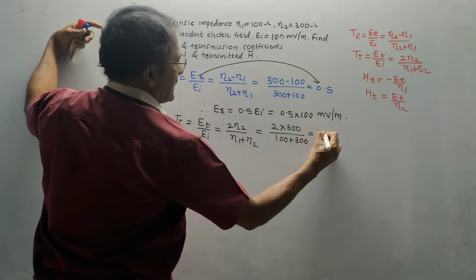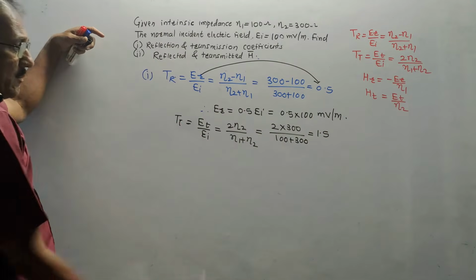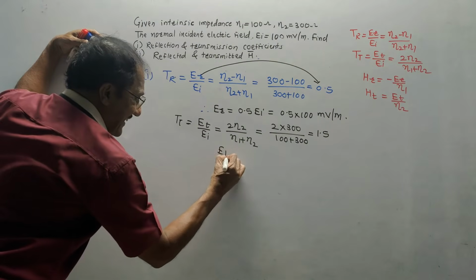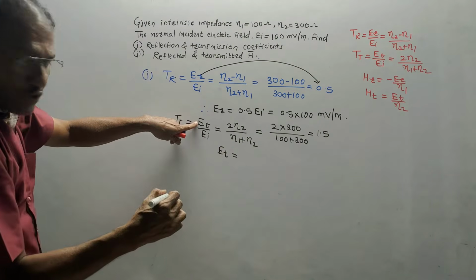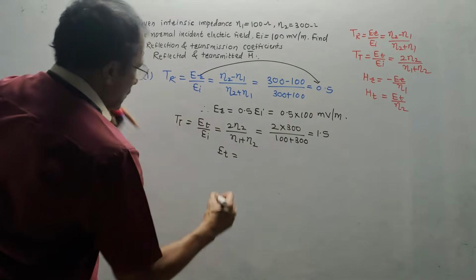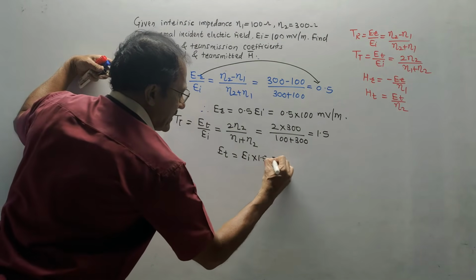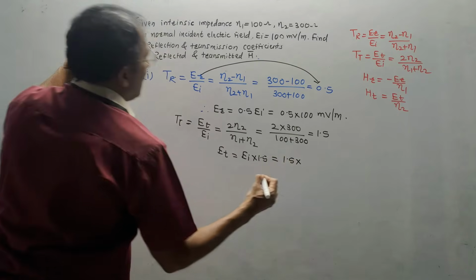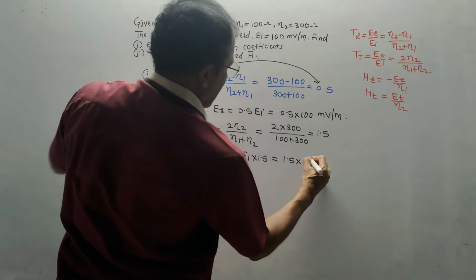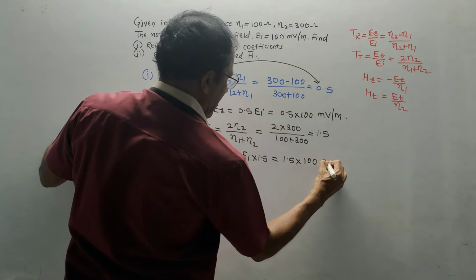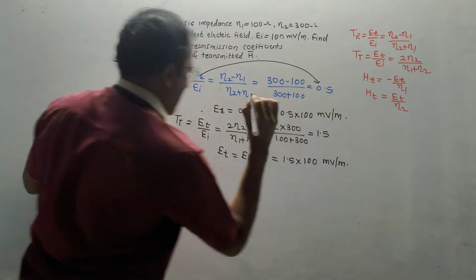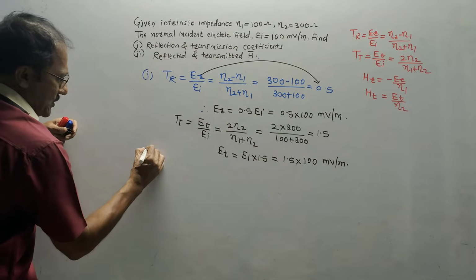So this answer is 1.5. From this I can well write ET upon EI is 1.5. So ET is equal to EI into 1.5, which is the same as 1.5 into the value of EI, which is given in the question, that is 100 millivolt per meter. This is the calculation of the first part.